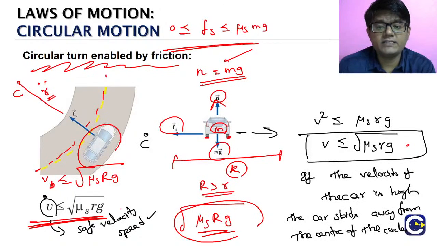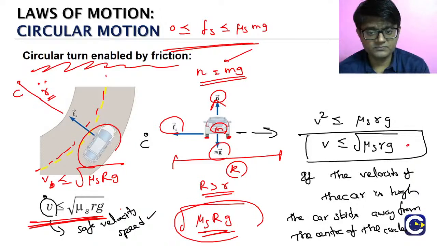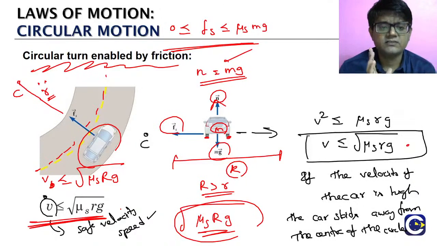What we have to do is check whether this condition is satisfied or not. What is the condition? The velocity of the vehicle should be less than or equal to root of mu s r g. If the condition is satisfied, it is a safe turn. Otherwise, skidding is going to happen.